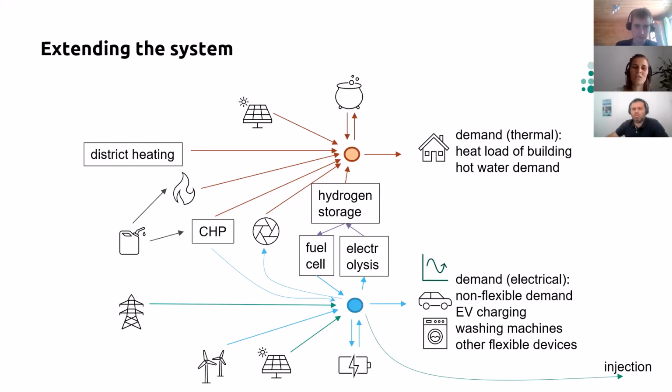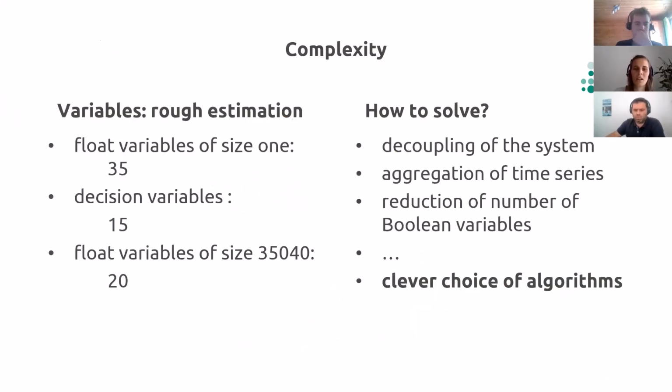So there are a lot of technologies: heat pumps, heat storages, CHP, hydrogen storages, fuel cells, electrolysis. When we take this system into consideration, I made a rough estimation of what variables we would have in our optimization. And this is just the first draft.